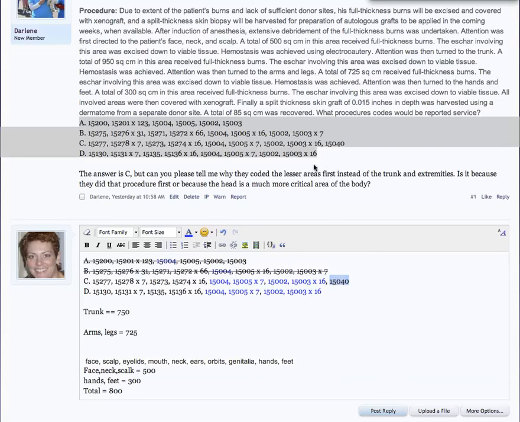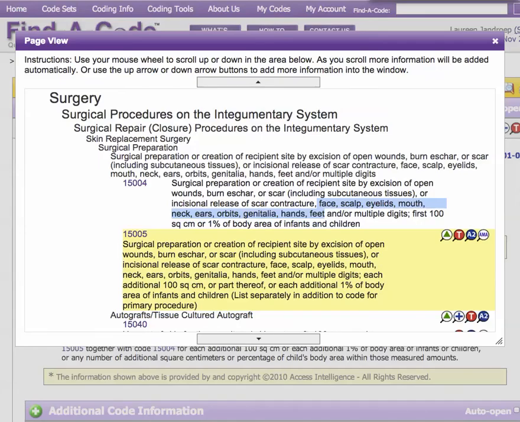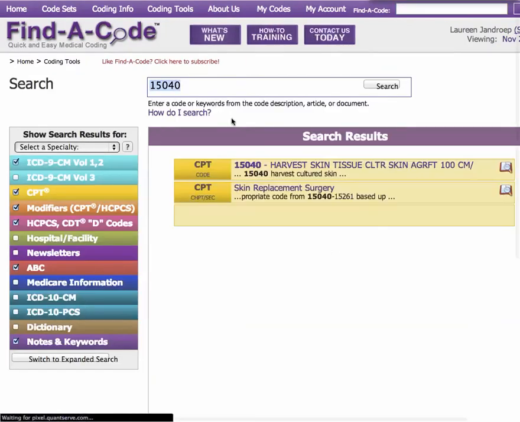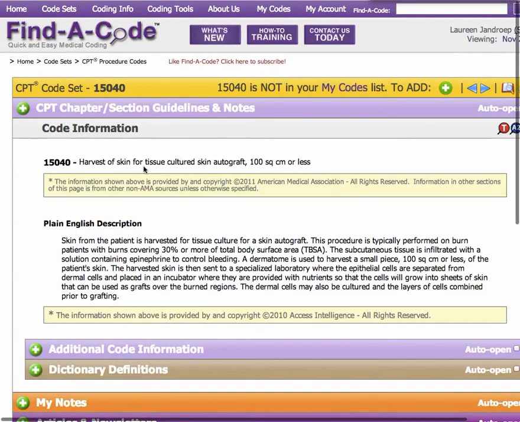That one's just kind of hanging out by itself. All right, so this is harvest skin graft for tissue cultured autograft.